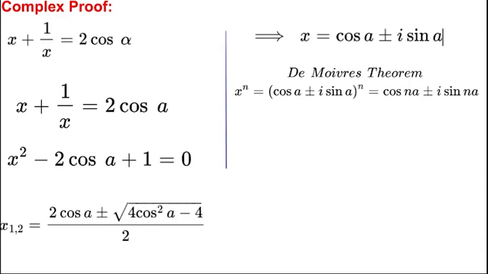Now that we have x to the power of n, we need to work out its reciprocal, 1 over x to the power of n. And remember, that's just going to be 1 over x to the n, which is cos of n a plus or minus i sine n a.